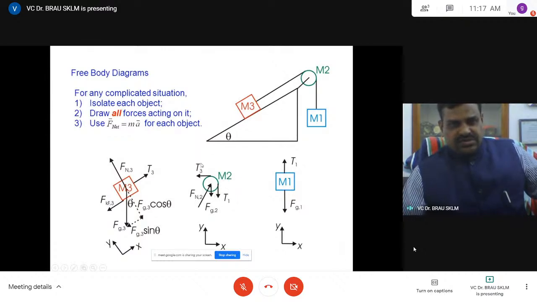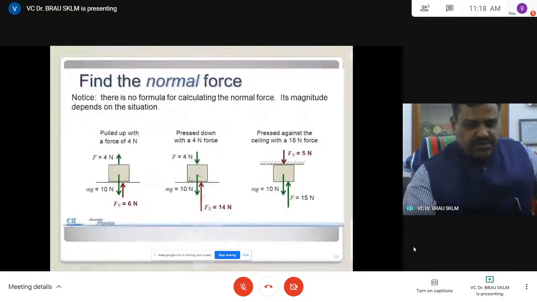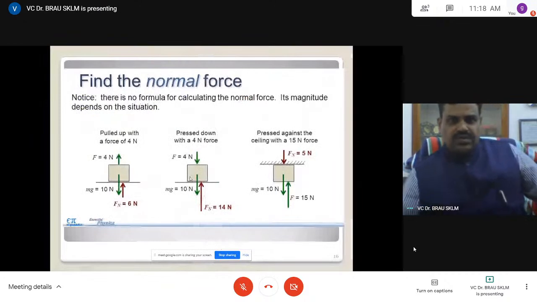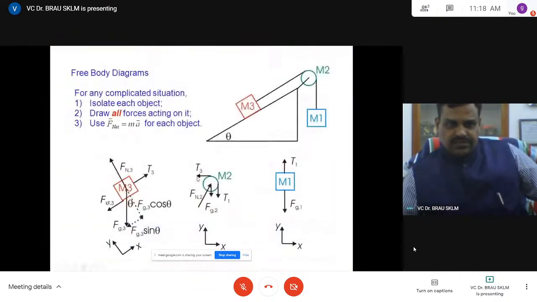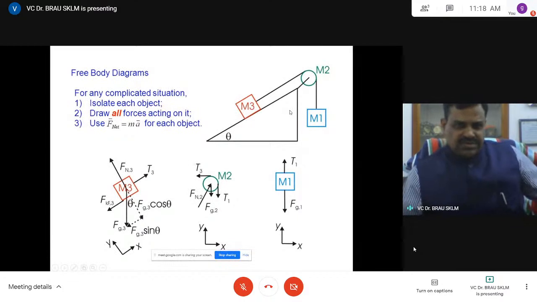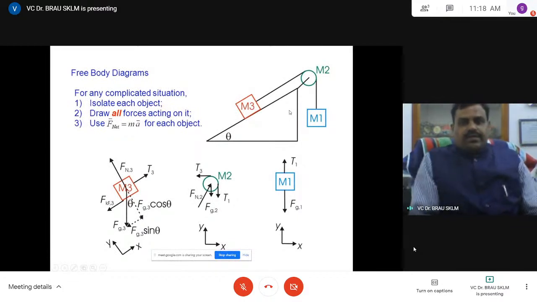This tension is T3, actually parallel to this T3, like this. The direction is not horizontal, the direction is parallel to this. Suppose there is a flat surface, there is no inclined plane, and the block is something like this, then the tension is like that. But generally we don't consider that type of case.